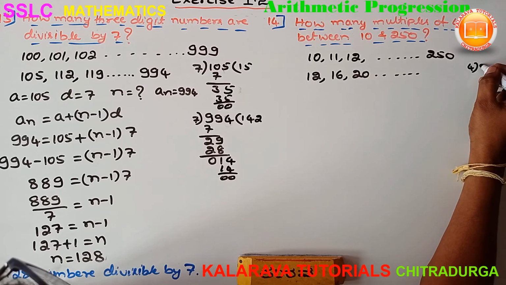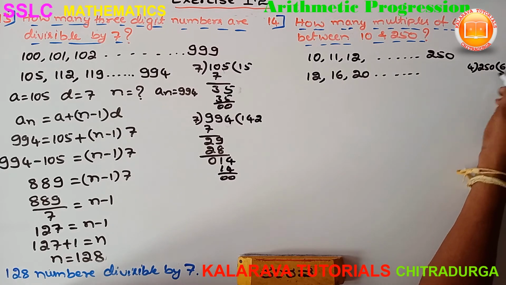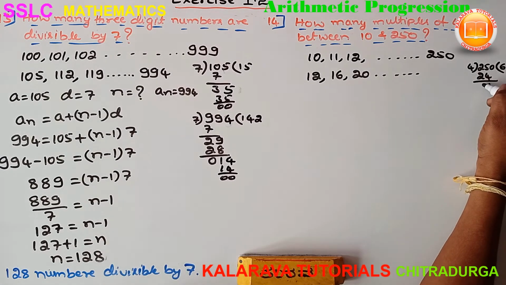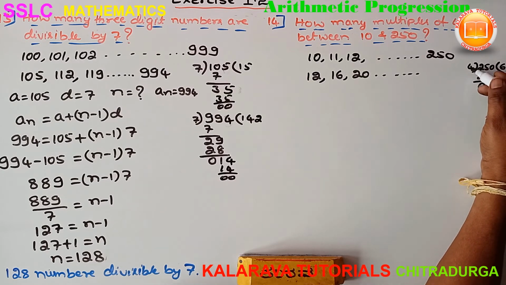Now we have to divide this 250 by 4. 4 sixes are 24. That means 25 minus 24 is 1, 2 minus 2 is 0. So here we have to carry the 0, but 10 is not divisible by 4. So what digit do we have to take for it to be divisible by 4?